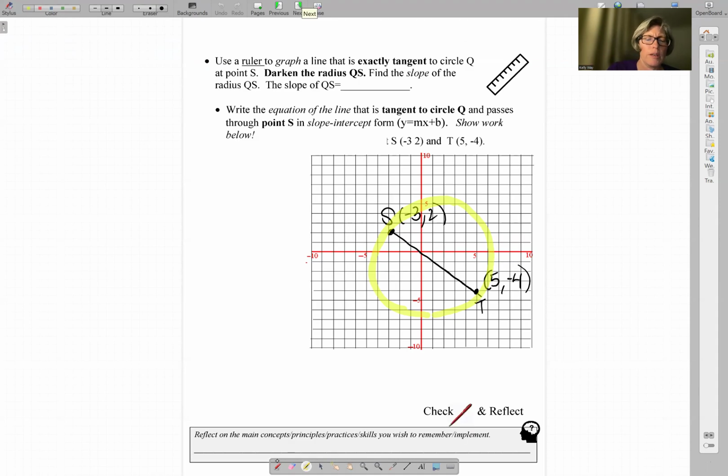Now, this part here says you're going to take a ruler and graph a tangent to circle Q at point S. Tangent at point S. I'm going to graph a straight line.